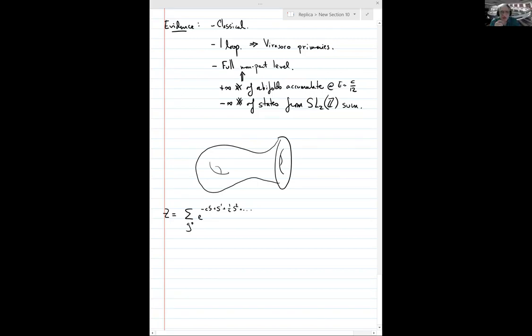So let me just continue the question. Is it that it's the very low-lying states that we expect to be described in terms of random matrix theory, or it should be for the entire spectrum? Because you have lots of discrete spectrum also, and it's hard to imagine that random matrix theory can reproduce that part. Yeah.